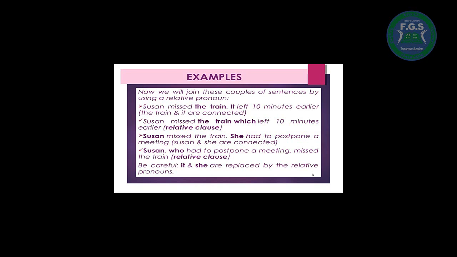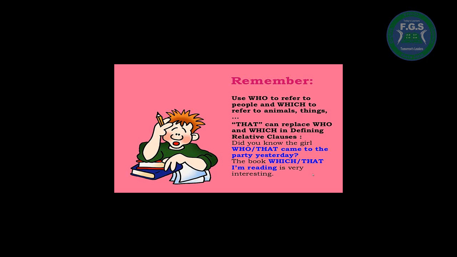She had to postpone a meeting. So Susan and she are connected. Instead of repeating the subject Susan, we will say: Susan, who had to postpone a meeting, missed the train. So remember, we use who to refer to people and which to refer to animals or things. That can replace who and which.